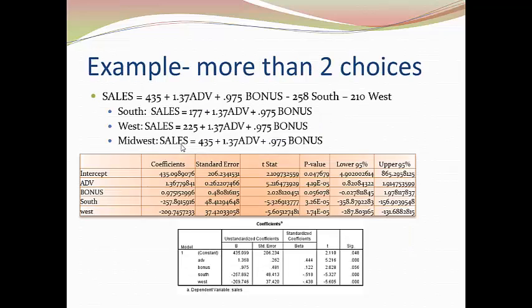So we go through here, and I ran the regression, and you can see the output in Excel in orange and then in SPSS in white, and you're going to get all the same results. So the regression equation is sales is equal to 435 plus 1.37 advertising plus 0.975 bonus minus 258 South minus 210 West.